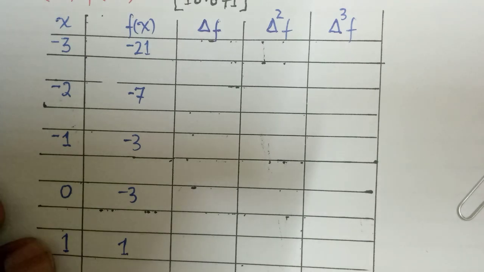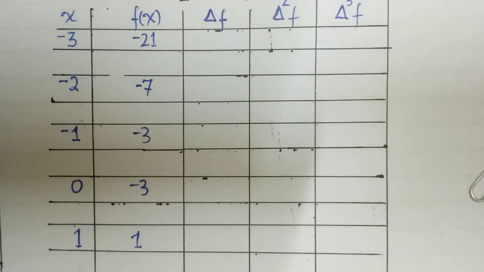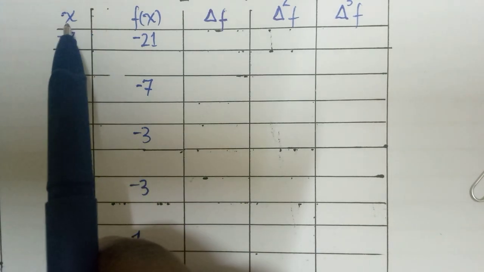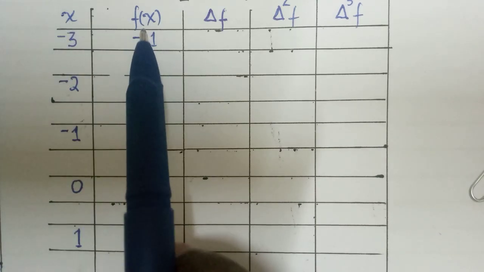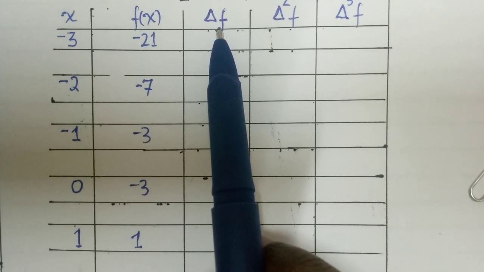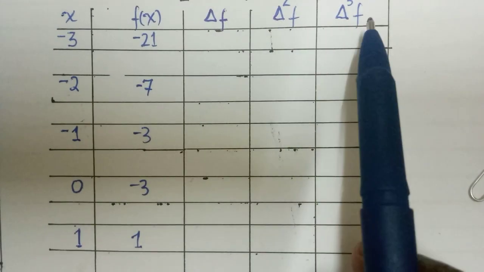And it's a table that is used for Newton-Gregory forward difference interpolation. We usually use this kind of a table. And so we fill it up now, guys. So what we do, here we have x and then we have f(x). This is the first difference and then we have the second and the third.